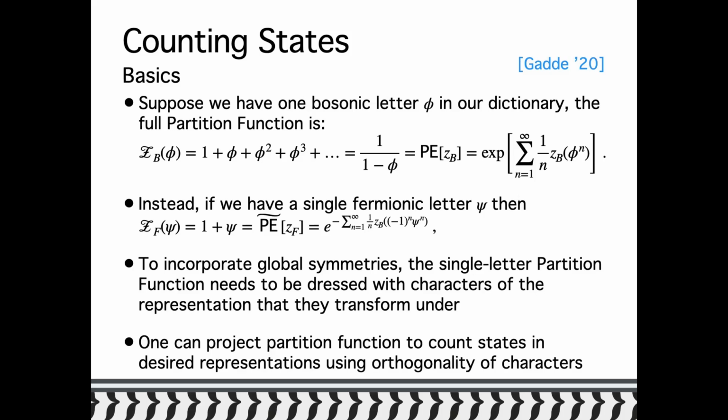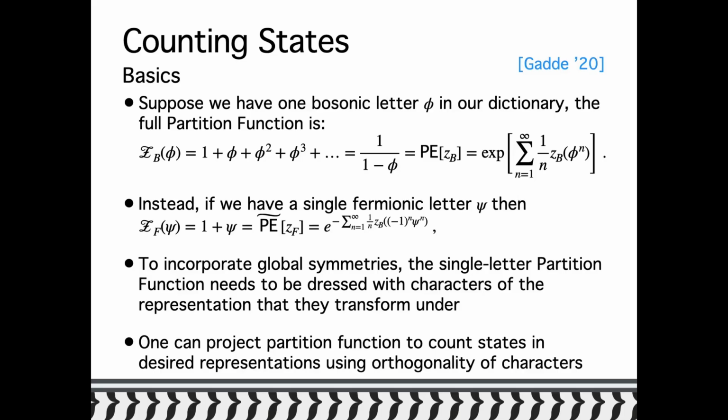I also mentioned that in general, the power of plethystics is useful when there are global symmetries. So when you have global symmetries, what you do is you dress your single letter with the character of the global symmetry representation that the field associated with that label transforms under.